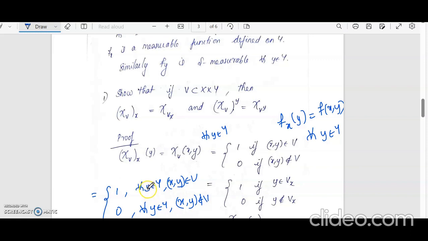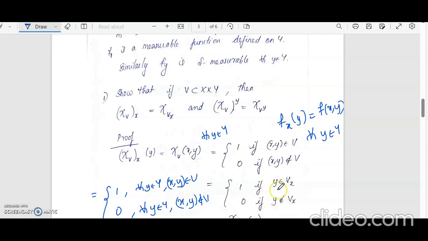So for all y where xy belongs to V, that will be all values belonging to Vx. So with x fixed, this is equivalent to y belongs to Vx, and it will be 0 for all y that do not belong to Vx.